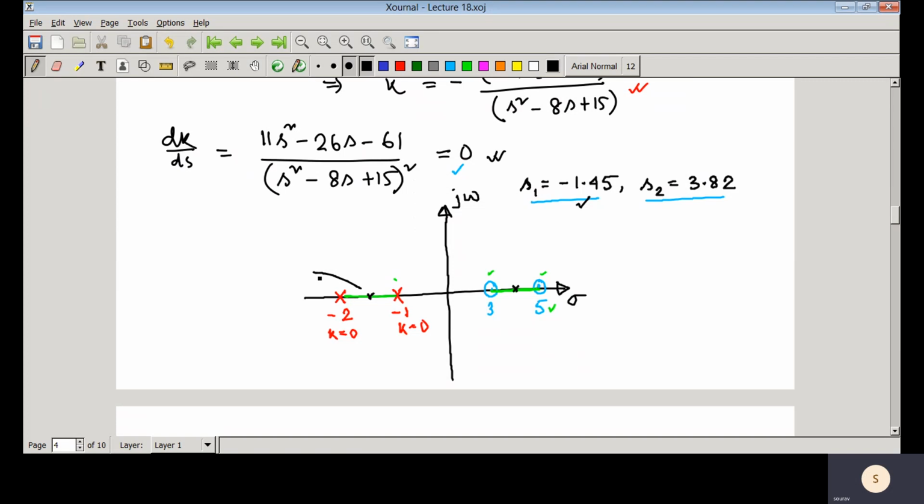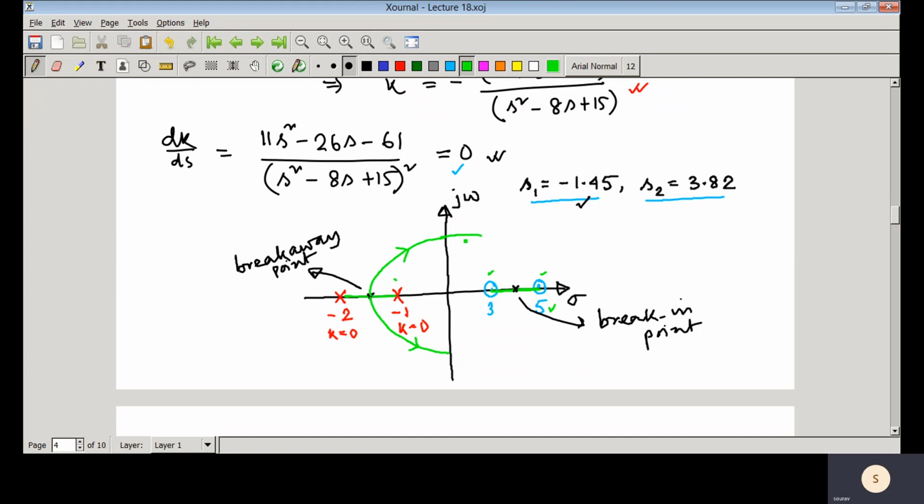This particular point is called the breakaway point, and this point is known as the break-in point, because if you start increasing the value of K, at that particular point two roots become complex and start going away from the real axis, as this arrow shows. If you keep increasing K, this is the point where they cross the imaginary axis.